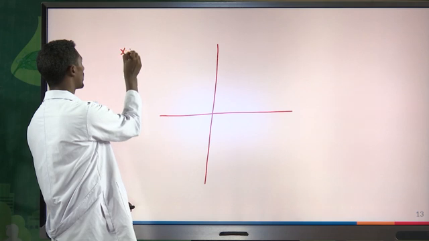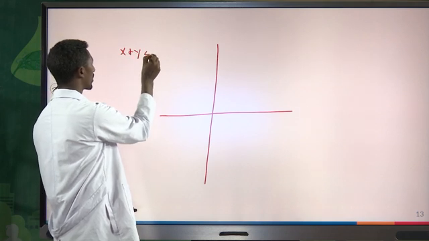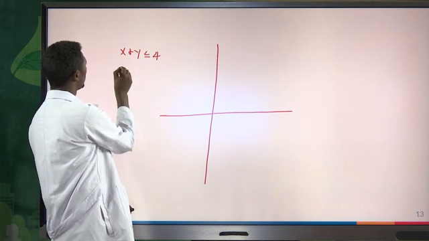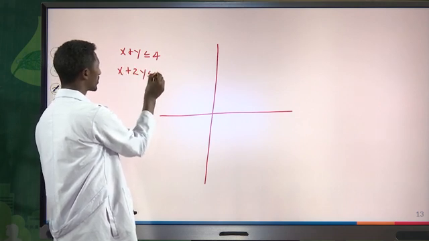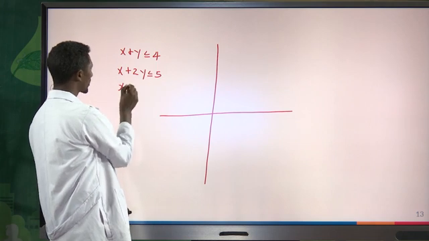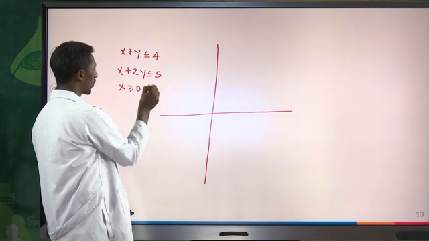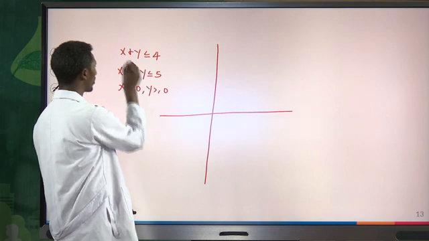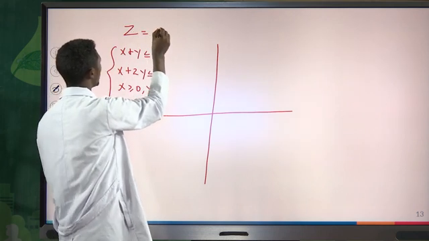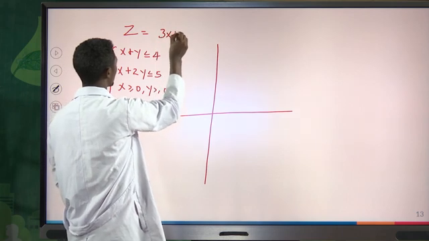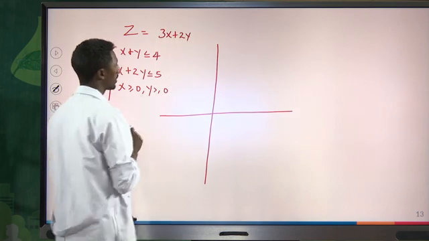Here we have this coordinate system. So we have the constraints: x plus y less than or equal to 4, and x plus 2y less than or equal to 5, x greater than or equal to 0, y greater than or equal to 0, and the objective function is Z, which is 3x plus 2y.